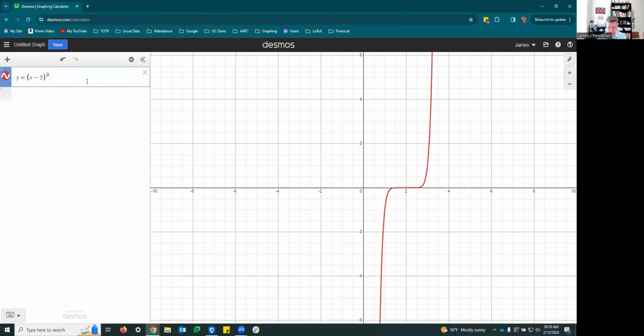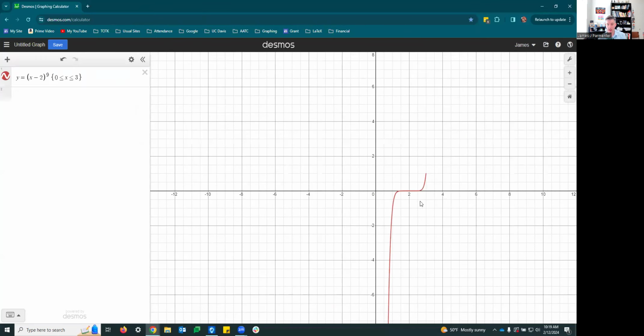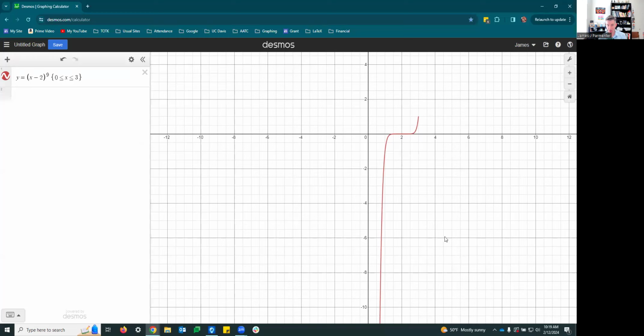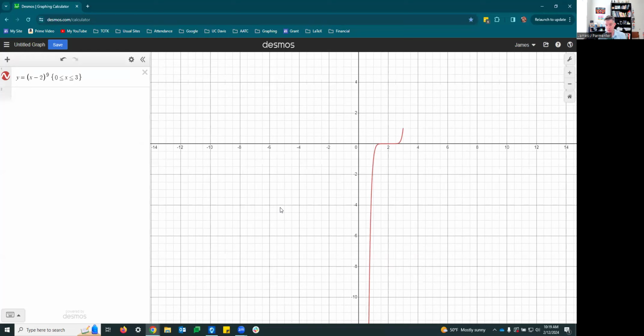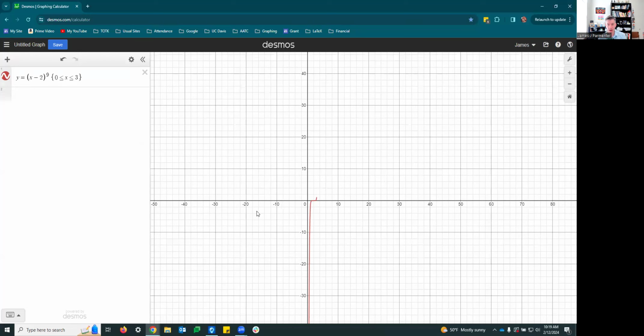If you type little braces here and then say 0 is less than or equal to x is less than or equal to 3, it gives you just the portion of the graph between 0 and 3. Obviously the graph is really negatively large when x gets closer and closer to 0, because negative to the 9th power is super giant. It's way, way down.